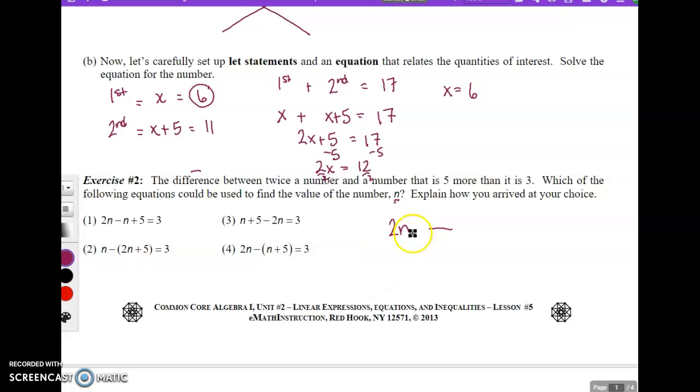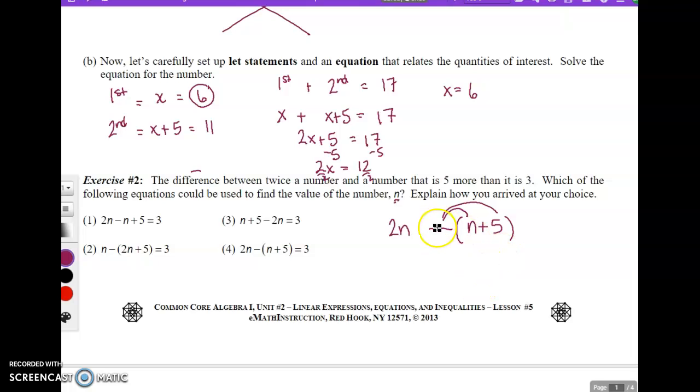Okay, and then we're going to subtract a number that is 5 more than it. So 5 more than the number would be the number plus 5. Now since I'm subtracting, do I need parentheses here? Yes, I do, because I've got to subtract both the n and the 5. So I've got to make sure this is in parentheses.